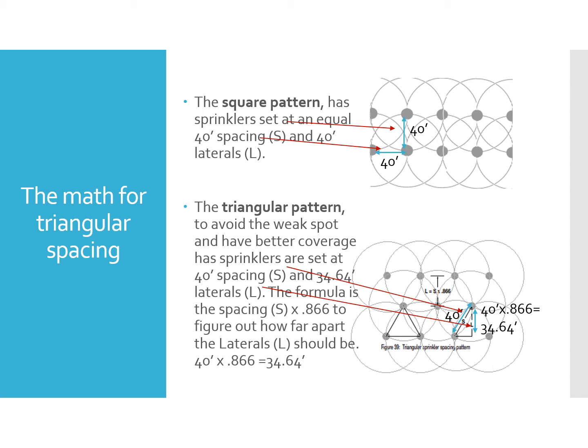This diagonal spacing here would be your 40 feet, and then how deep this is apart, or your lateral, is this spacing of 40 feet times 0.866, and that will tell you how far apart these laterals should be right here. And in this case, 40 times 0.866 is 34.64 feet. So that's how far apart the lateral would be in the triangular spacing, versus the square spacing, it would be 40 feet.